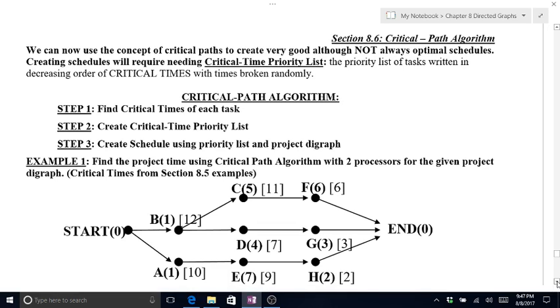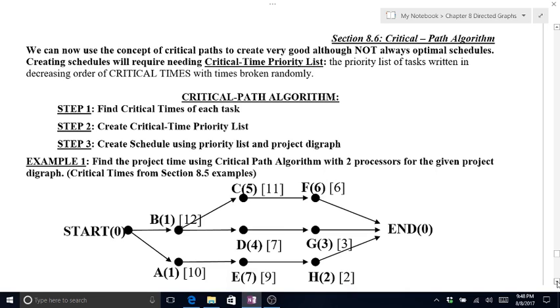We can now use the concept of critical paths to create very good, although not always optimal, schedules. Creating schedules will require critical time priority lists: the priority lists of tasks written in decreasing order of critical times, with ties broken randomly. So we have to find the critical times for each task, then create the critical time priority list.